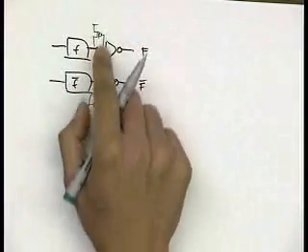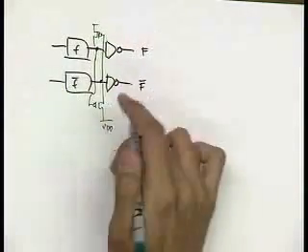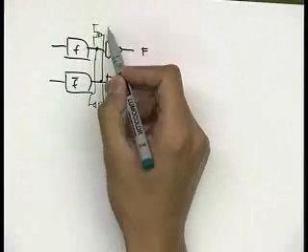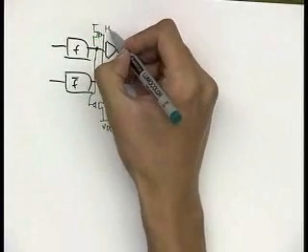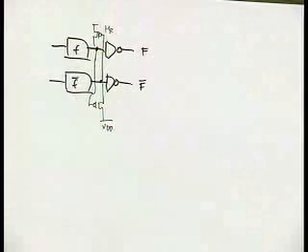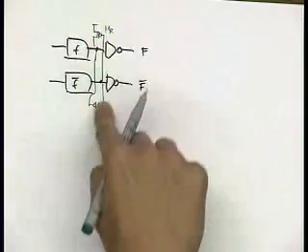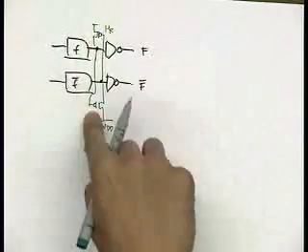Now, will this have the problem of ratioing the sizes between the level restorers and the pass transistors? No, because this is a feedback circuit.